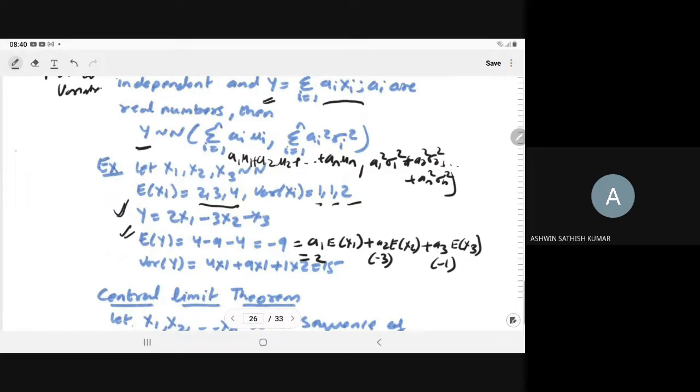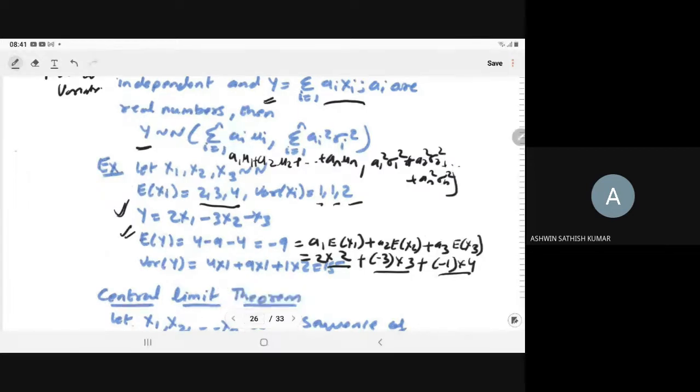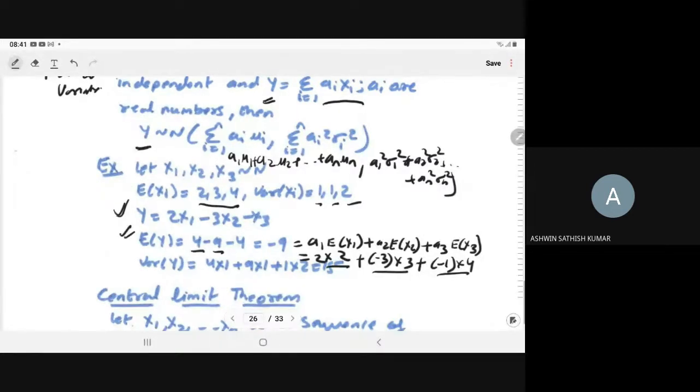And E of x1 is 2, E of x2 is 3, and E of x3 is 4, with plus signs in between. That will give you 4 minus 9 minus 4, which is equal to minus 9.